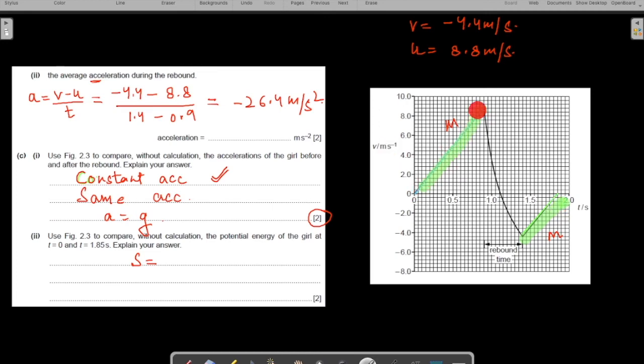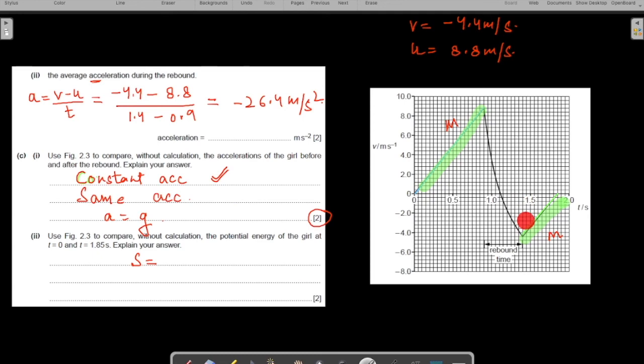Area under the graph. So the area under the graph when she was coming down is greater as compared to the area under the graph when she went up for the second time. This triangle has a smaller area. So that means her topmost point after the rebound, this area is smaller, is lesser. Distance traveled was lesser.